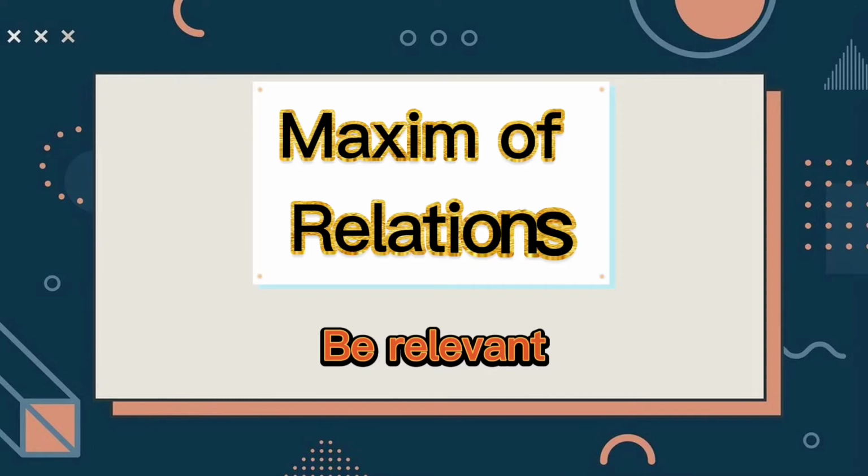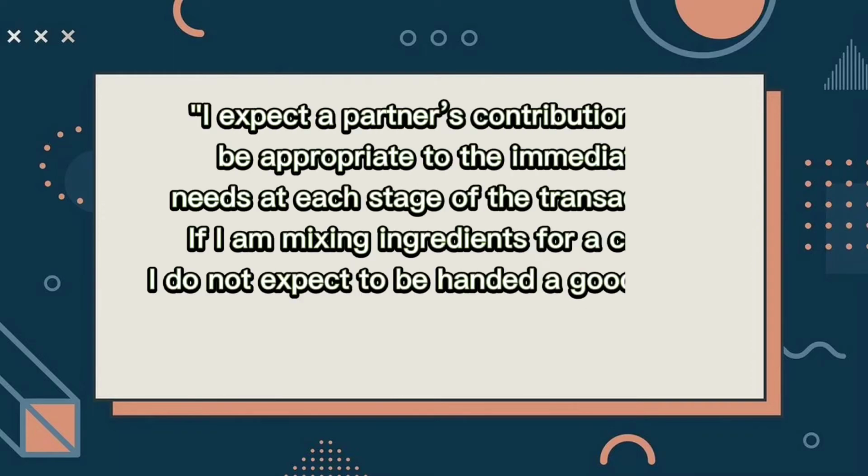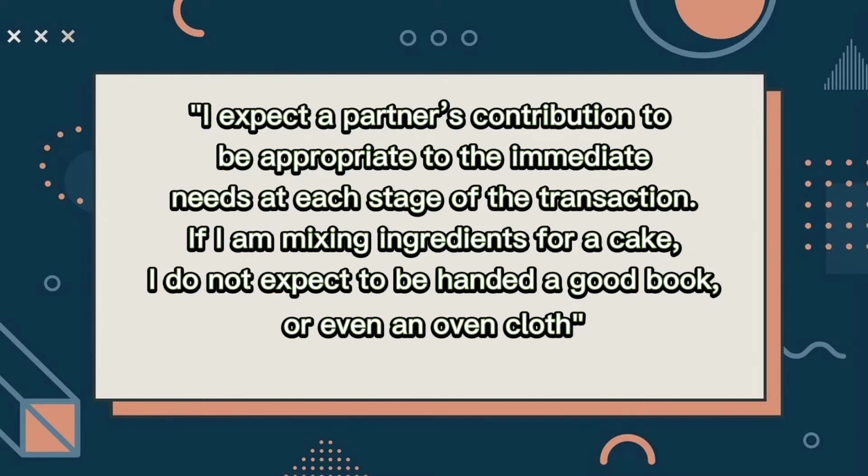In his book, Grice uses the following analogy to illustrate the importance of this maxim: "I expect a partner's contribution to be appropriate to the immediate needs at each stage of the transaction. If I am mixing ingredients for a cake, I do not expect to be handed a good book or even an oven cloth."